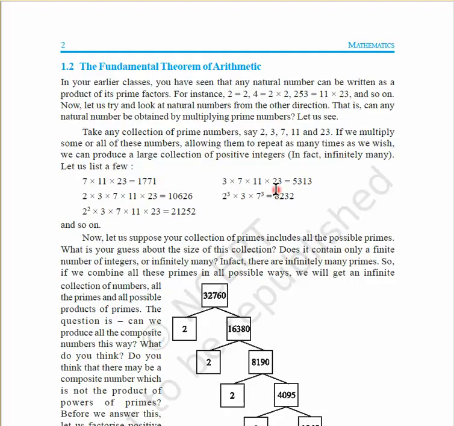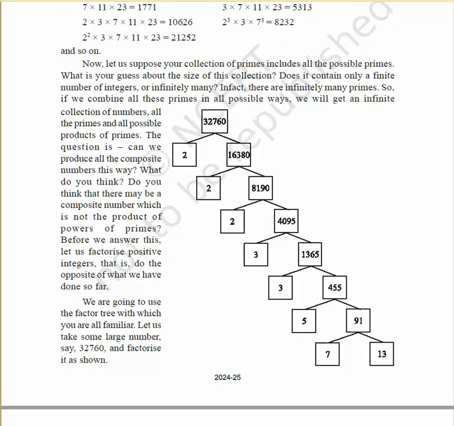Similarly, if we multiply these four numbers, we get this, and so on. Now let us suppose your collection of prime numbers includes all the possible primes. So what is your guess about the size of this collection? Well, in fact, there are infinitely many primes. So if we combine all these primes in all possible ways, we will get an infinite collection of numbers.